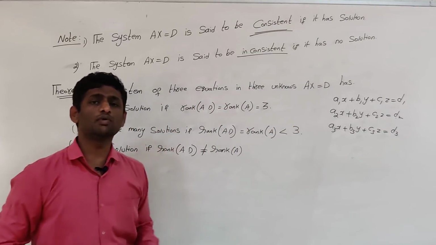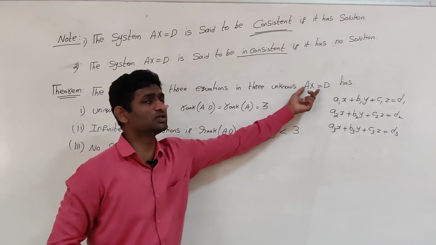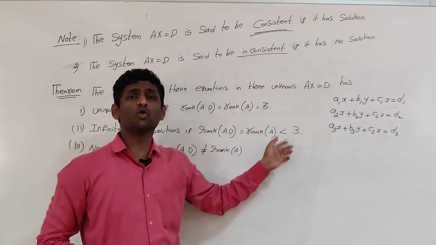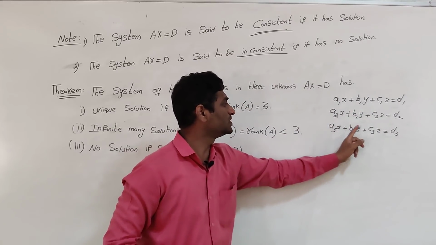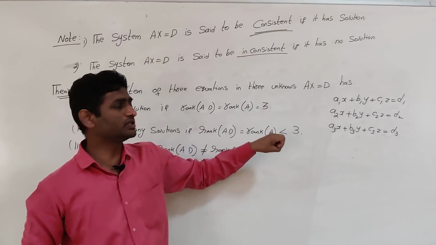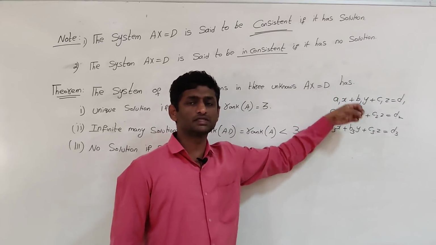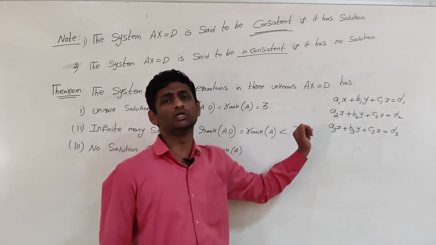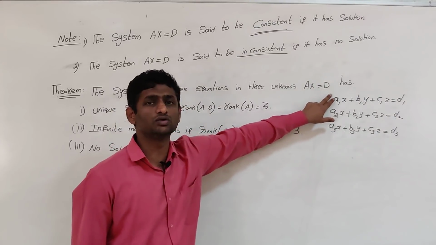And this system can be represented in the matrix equation AX = D, where A is the coefficient matrix A1 B1 C1, A2 B2 C2, A3 B3 C3, and capital X is the column matrix of unknown variables X, Y, Z, and the constant matrix in column form D1, D2, D3. It is a column matrix. So this system can be represented as AX = D.